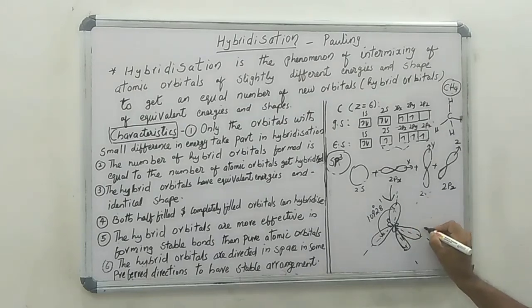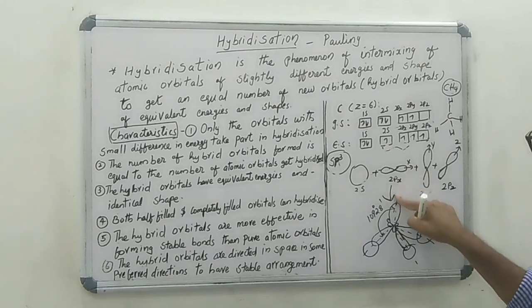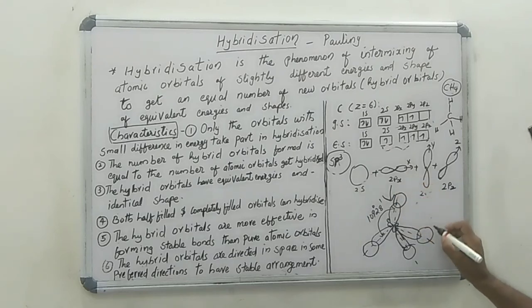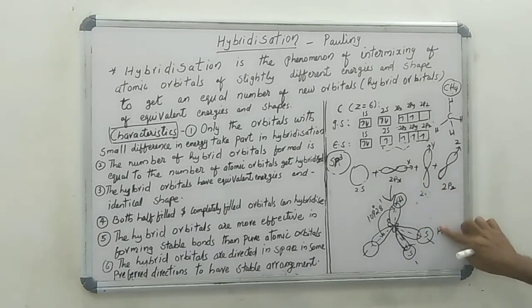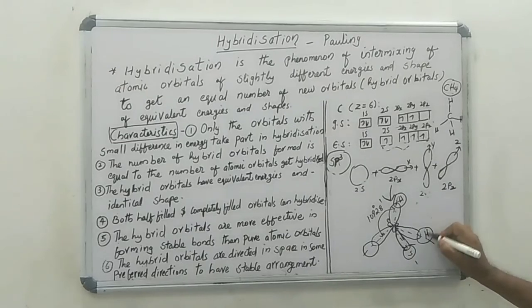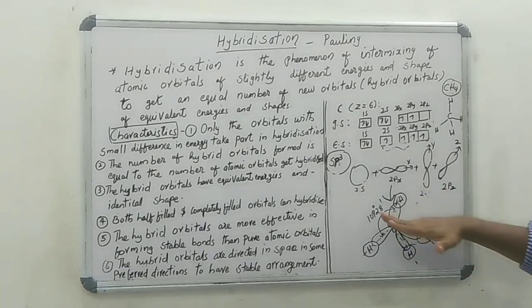Then these sp3 hybridized orbitals of carbon overlap with the 1s orbital of hydrogen, and here 4 CH sigma bonds form. Please listen: here the overlapping takes place along the internuclear axis.